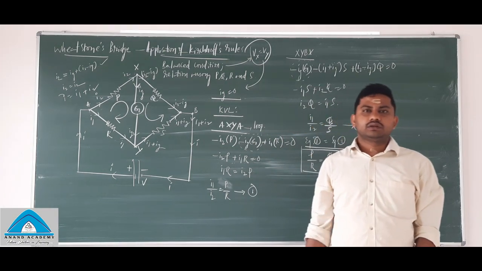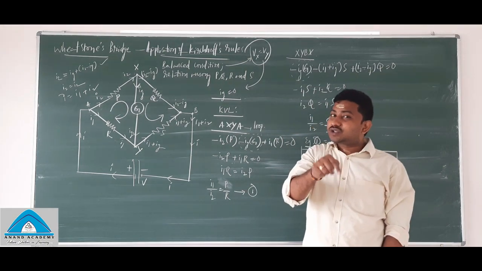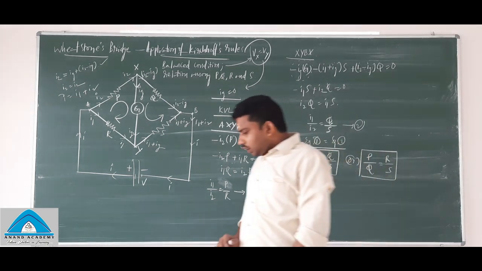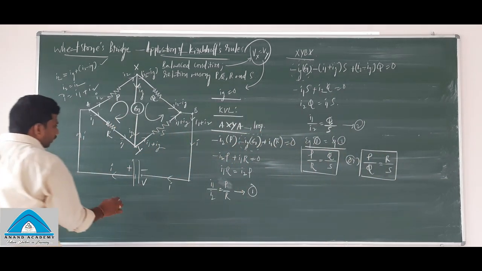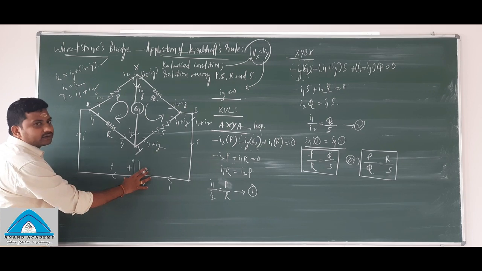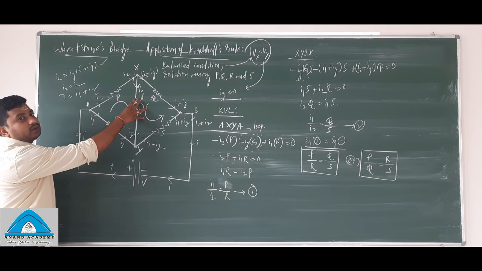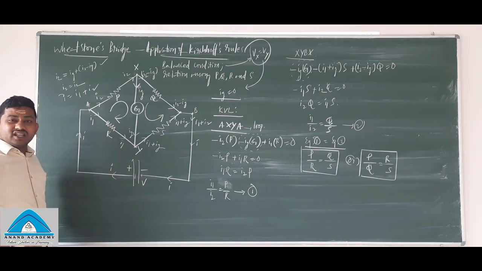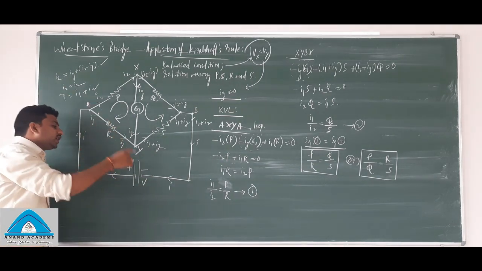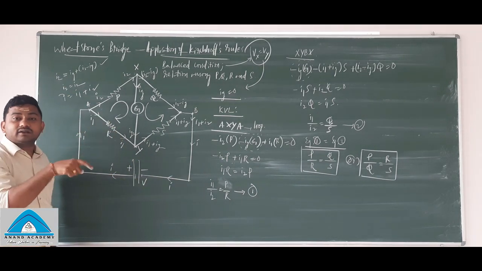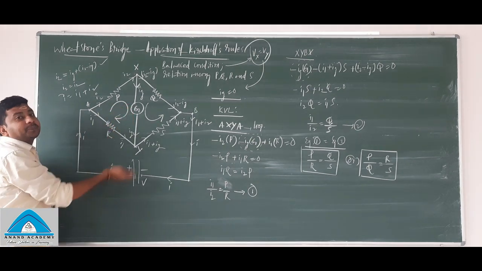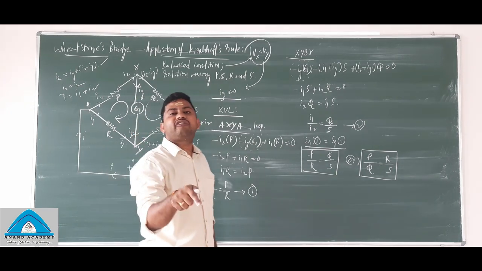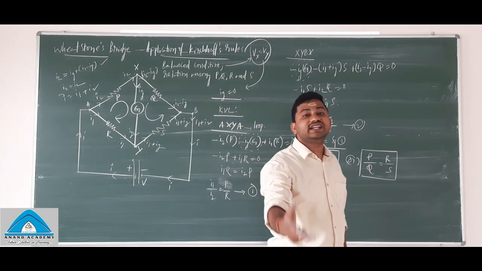In one of the NEET exams, this question also was asked as a theoretical question. What they have done here, they have removed this battery and connected it in the place of the galvanometer, and the galvanometer connected here. They have just exchanged the positions of the battery and the galvanometer. Still, experimentally, they have found the Wheatstone bridge condition.